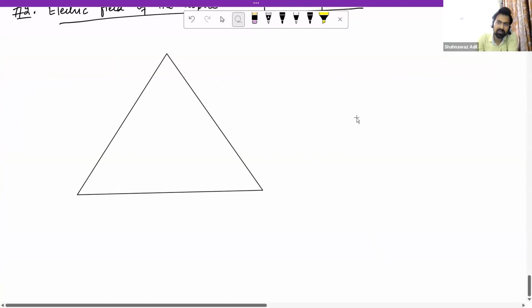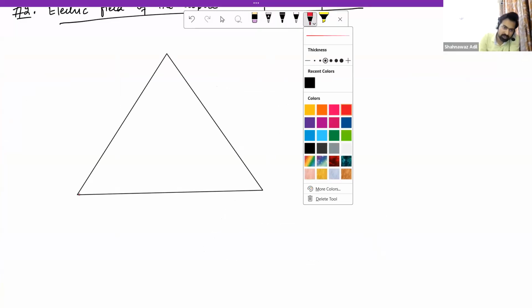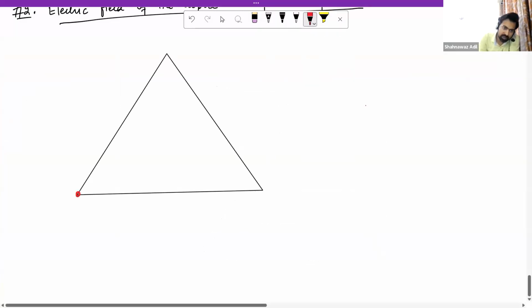And we have two charges placed at these two points, this one and this one. So this is minus q and this is plus q, right?